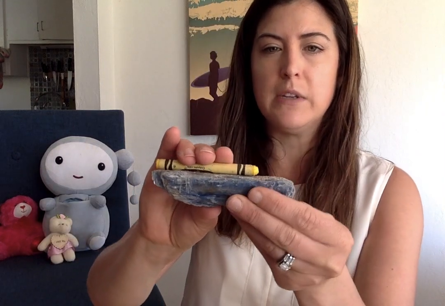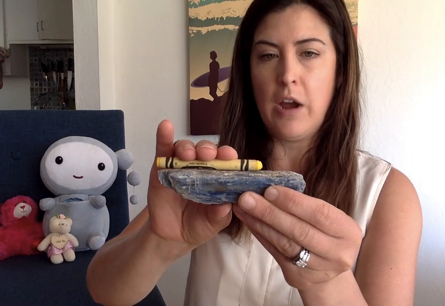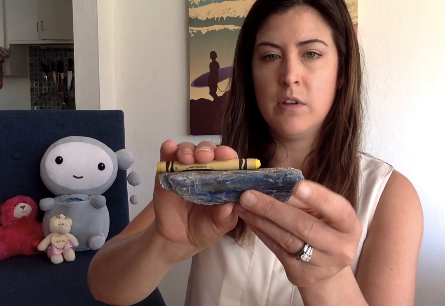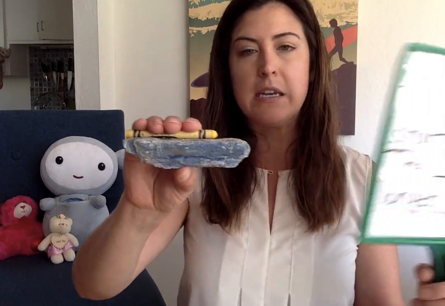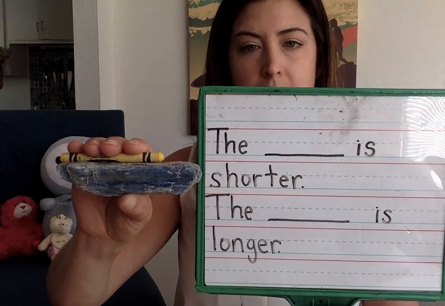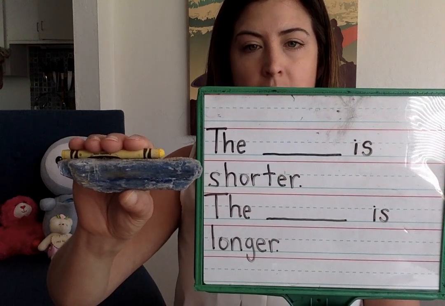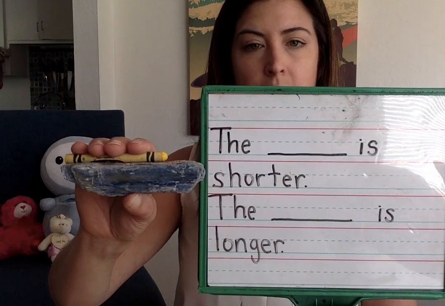Kind of tough for me to hold it. Okay, which is shorter? The crayon. And which is longer? The rock is longer. Okay, let's read our sentences together. The crayon is shorter. The rock is longer.